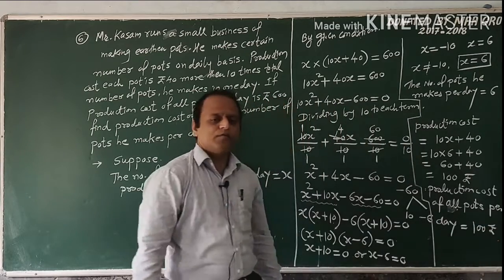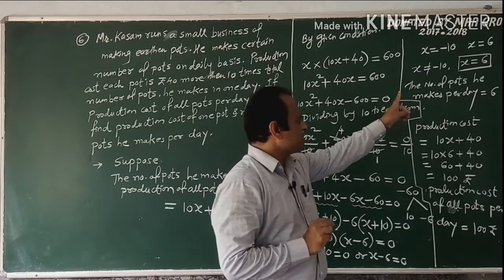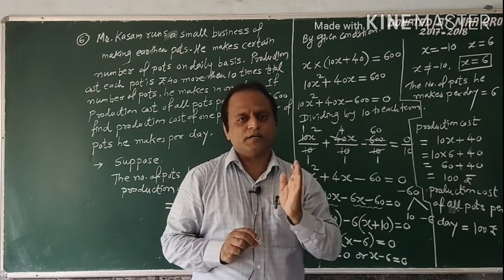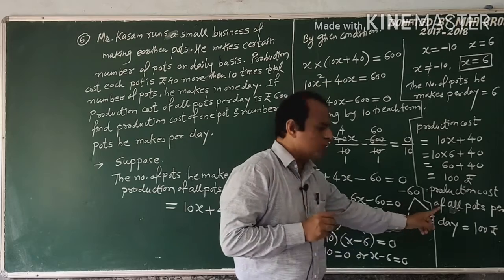In this way we have completed this example: the number of pots is 6 and the production cost of pots made by Kasam per day is equal to 100 rupees.